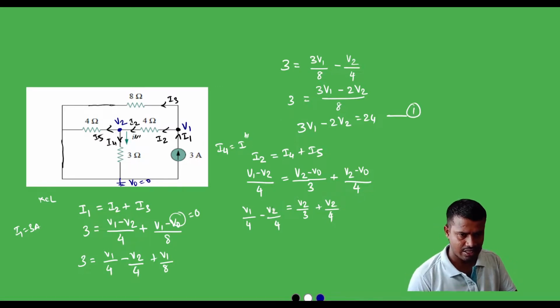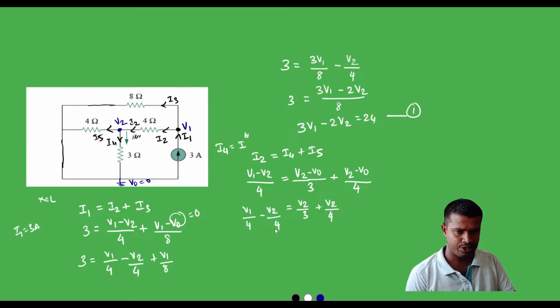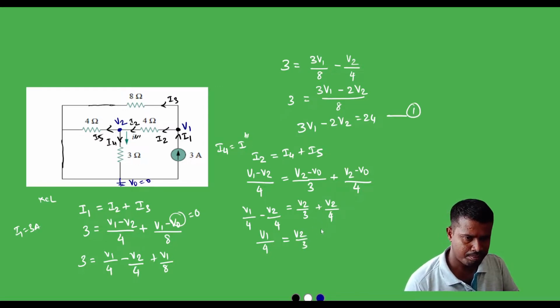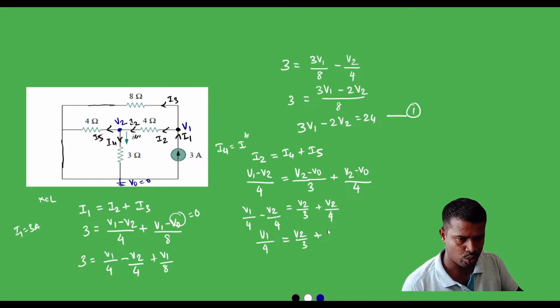Now transferring the term minus V2 by 4 to the right hand side of this equation, it will become V1 by 4 is equal to V2 by 3 plus 2V2 by 4, which is V2 by 2.